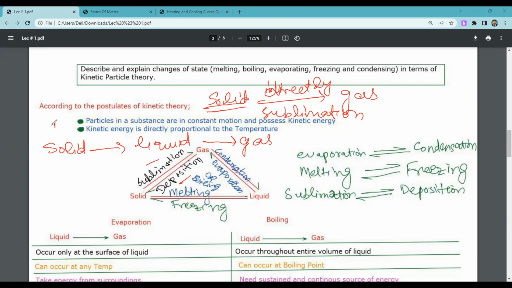We can take the example of water. Ice can be converted into water and then into steam. But if a solid is directly converted into a gas, then this process is called sublimation.